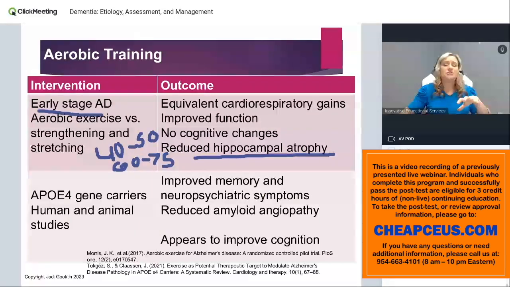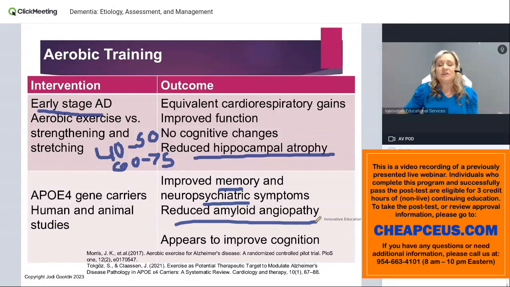Another study examined individuals who were carriers for the genetic marker, or the gene, for Alzheimer's disease. They've looked at this in many different animal as well as human studies, through systematic reviews as well as specific studies. What they did find is that exercise led to improved memory and fewer neuropsychiatric symptoms for the individual, and physiologically they were able to see fewer changes in the brain that they anticipate will lead to better cognition and improved quality of life.